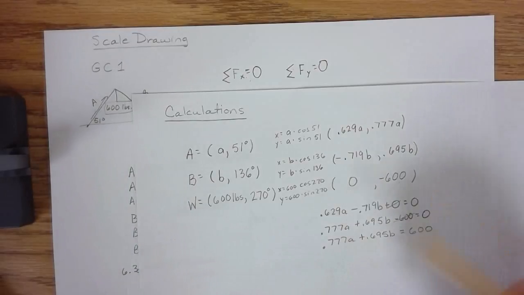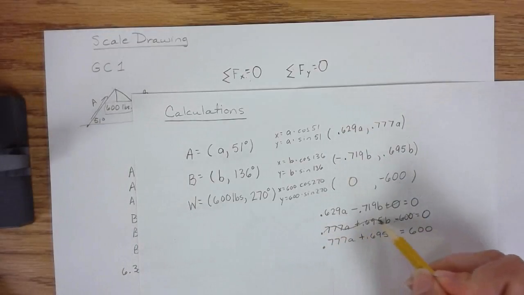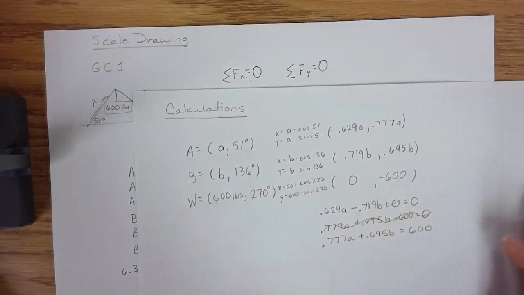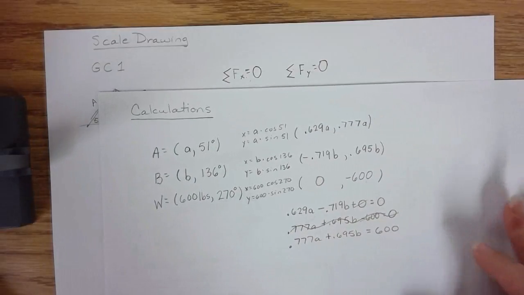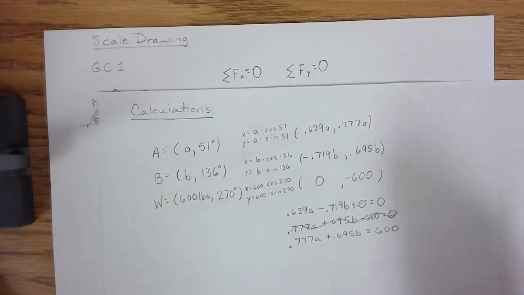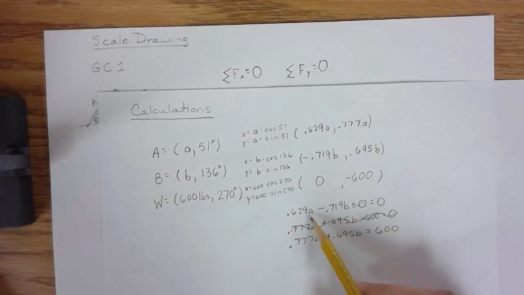So we've got our system of equations. I'm going to mark through that one so it doesn't confuse us. I will use the substitution method. Therefore, just as a matter of habit, I'm always going to solve the first equation for a.